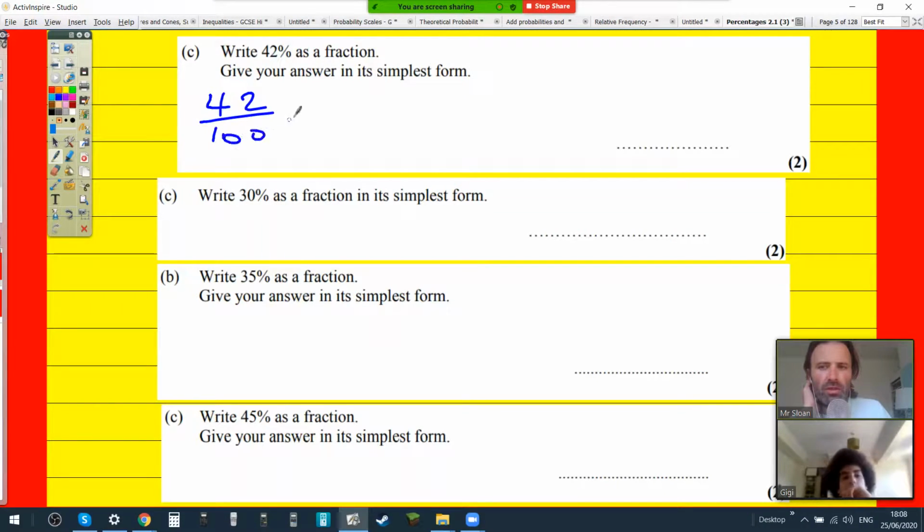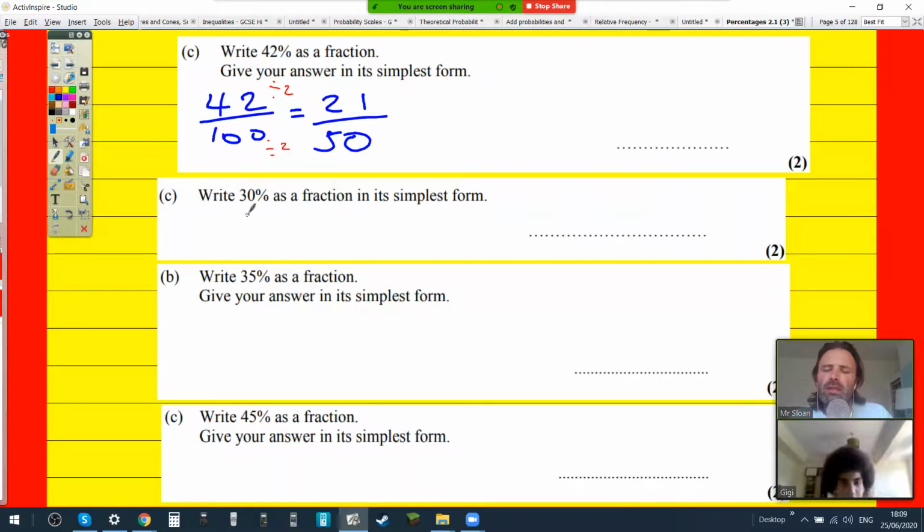Then 21 over 50 in simplest form, I'm pretty sure. You halved 42, I believe. Yeah. And so you do the same to the bottom. Oh, right. 21/50. That's it. So it's proportional. Half them both.